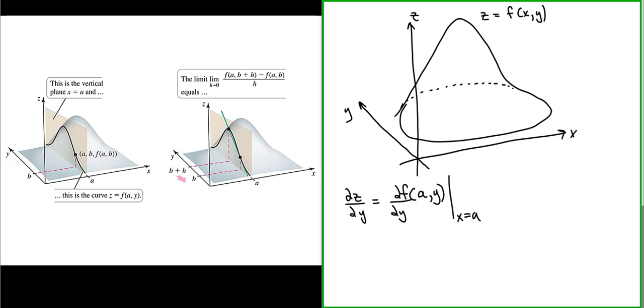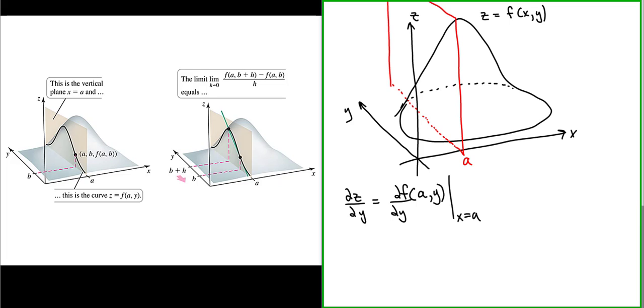And let's look at a plane that is parallel to the zy axis with the equation x equals a. So this is the value of x equals a. And that plane slices through our hill again, like that.